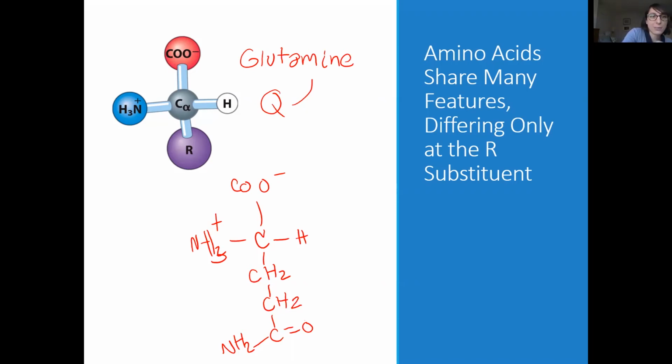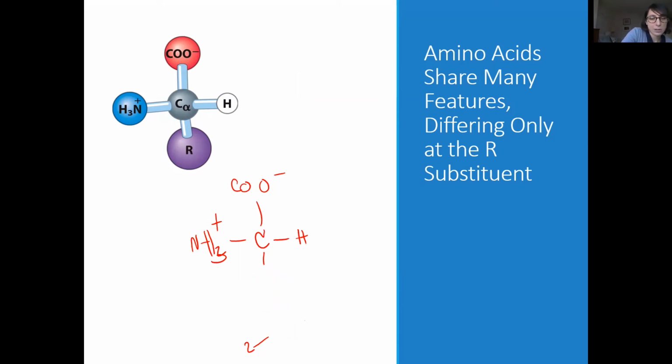All right, after glutamine is tyrosine. To remember, drawing tyrosine is like a tire in the middle. That's how you remember that it has this ring here with an OH at the end. Tyrosine.